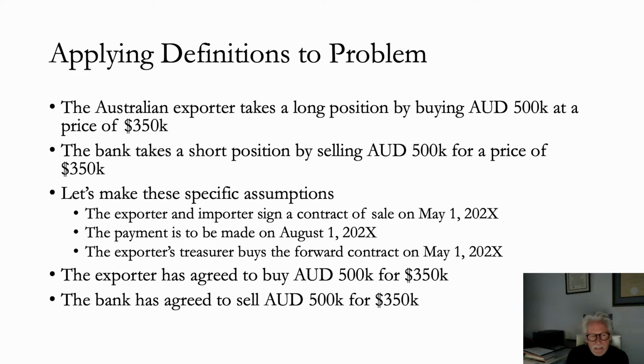Yeah, we apply the definitions to our problems, but I said enough about this. Everything is self-explanatory. The only thing we want to focus on again is that there is a time lapse between the contract of sale, where the price is set in US dollars, and when delivery of the wheat will be made, and in return, the importer will pay the amount specified in the contract, which in our hypothetical is $350,000 US dollars.